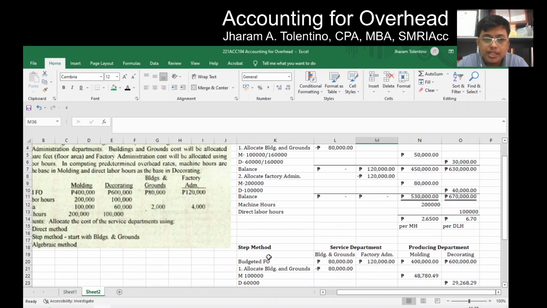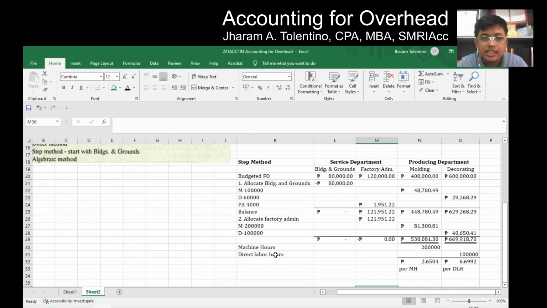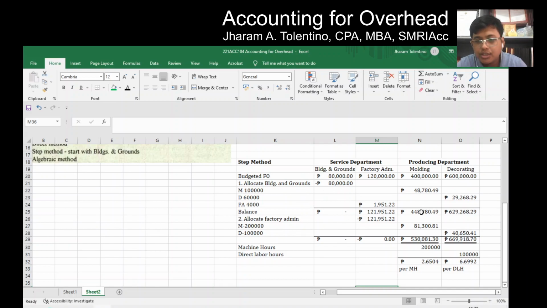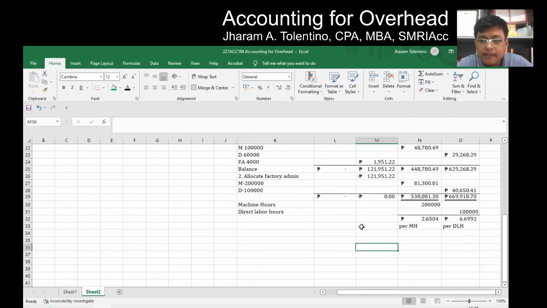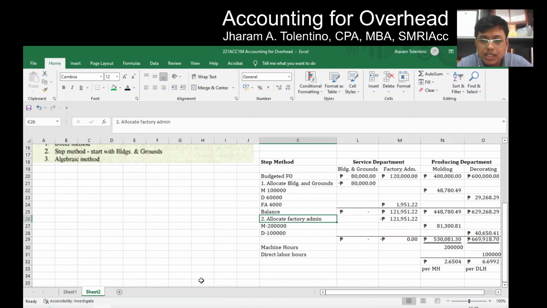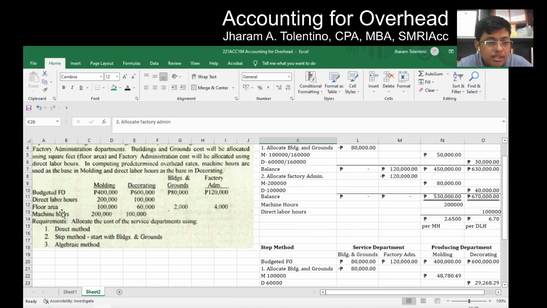Okay? So, next. Pinakamahirap na guys is yung algebraic method. Bakit? Pwede ba natin computein yun ng ganito? Hindi. Kasi bakit? Imagine this one. Pag inallocate natin yung factory building, factory admin using direct labor hours, we have direct labor hours here. Wala.